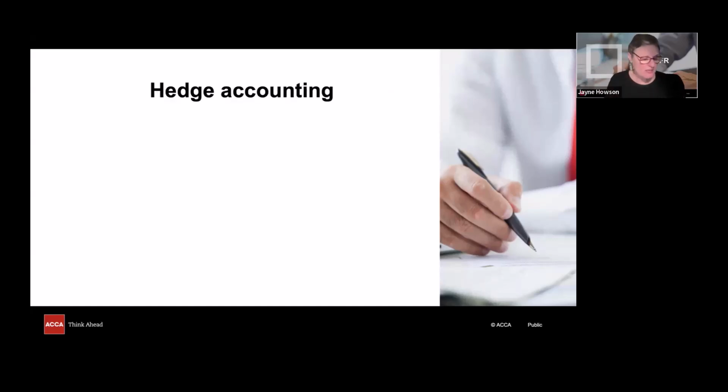Now, hedge accounting is the way that we account for these hedging instruments. Some companies will enter into derivative agreements not for hedging purposes, purely for speculative reasons. I'm not interested in that. I'm going to be assuming here that our hedge accounting is needed because I've got a hedged item, which is a transaction.